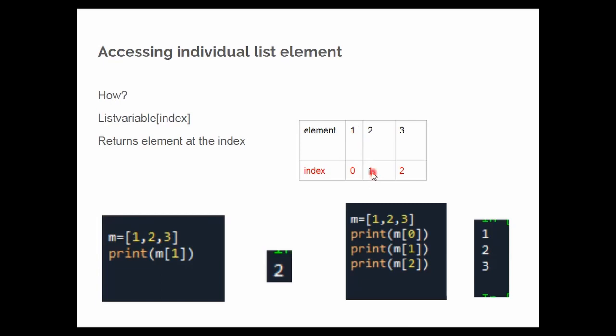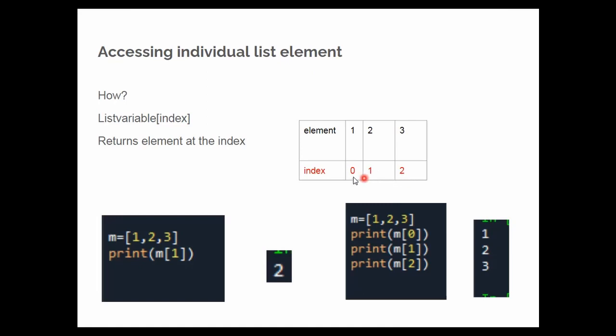At cell number 1, element 2 is present. At cell number 2 is the value 3. So in order to store the list elements, these indices are created, which are called cells. Each element is indicated by its index. This is index number 0, this is index number 1, this is index number 2.